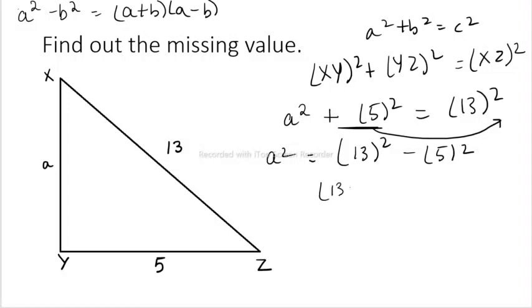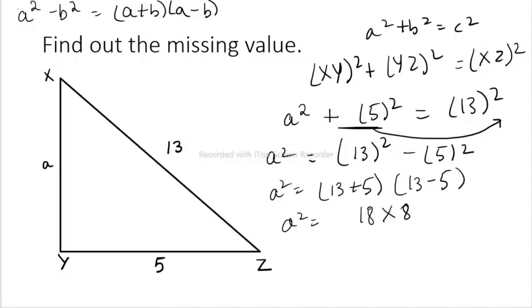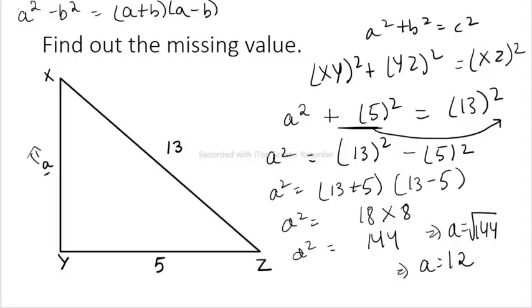So I'm going to use this identity over here. So a square is equal to (13 plus 5)(13 minus 5). So that means a square is equal to what? 18 into 8. So a square is 144. This means that a is equal to root over 144, and that means that a is equal to 12. So hence this value is equal to 12.